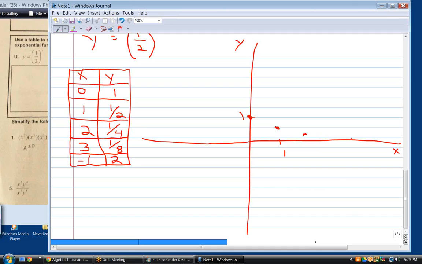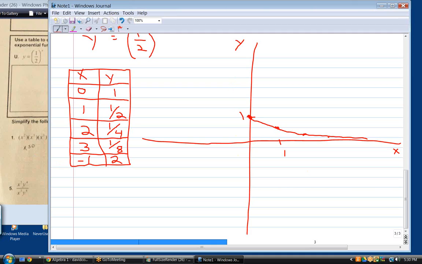Okay, we can see what's going on here. 3, 1/8. So we can see that this thing is asymptotic to the x-axis. It never quite reaches it, but it's always going to get closer. And then when I go -1, what is the y value? 2.